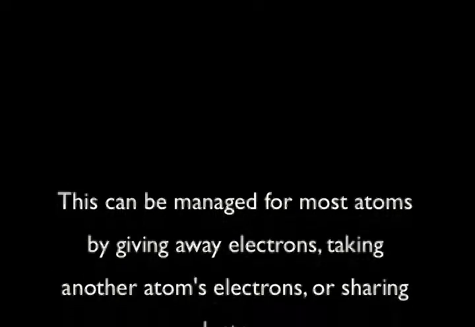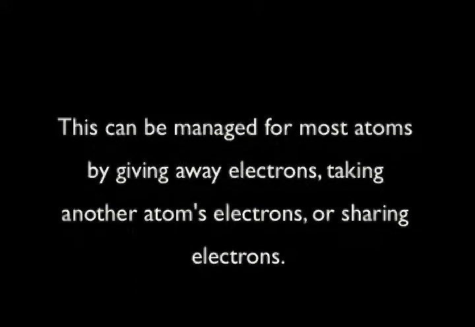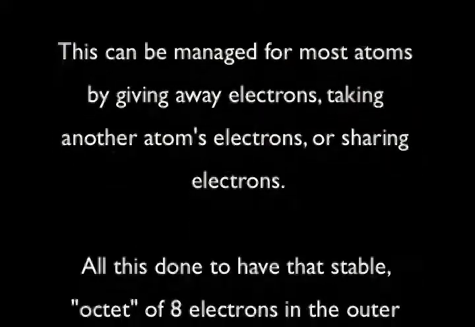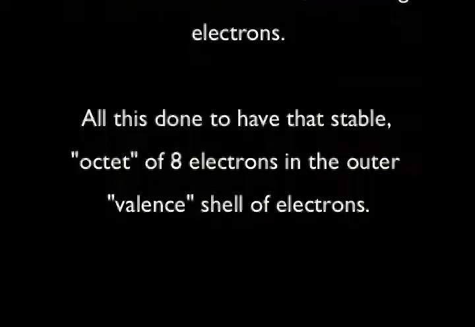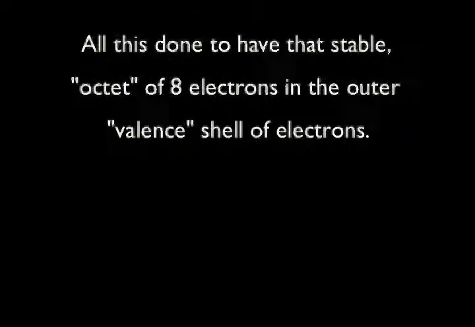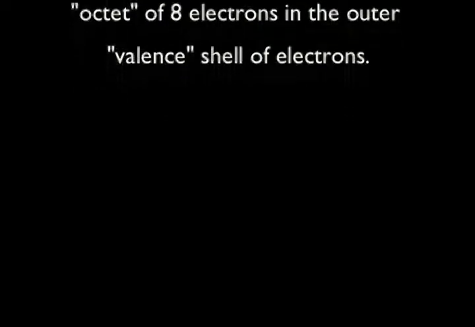Nature prefers a high level of entropy or disorder, stability. This can be managed for most atoms by giving away electrons, taking another atom's electrons, or sharing electrons to make a bond. All this is done to have that stable octet of 8 electrons in the valence or outer shell of electrons.